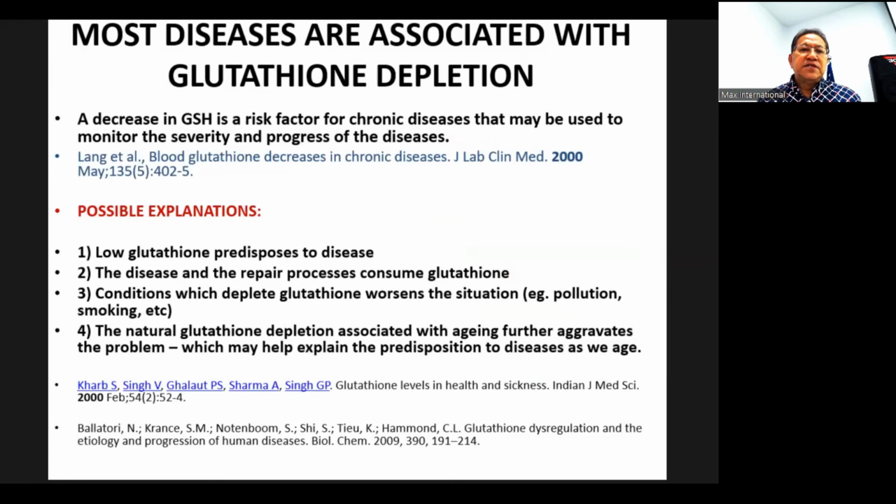And we now know that most diseases are associated with glutathione depletion. Studies after studies have shown that a decrease in glutathione is a risk factor for chronic diseases that may be used to monitor the severity and progress of the diseases. Okay, it's not only that a decrease in glutathione is a risk factor, but the level of glutathione can predict the severity and the progress and the prognosis of the disease.